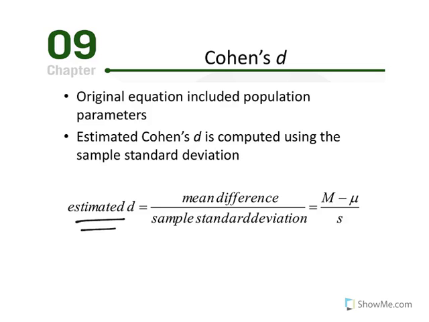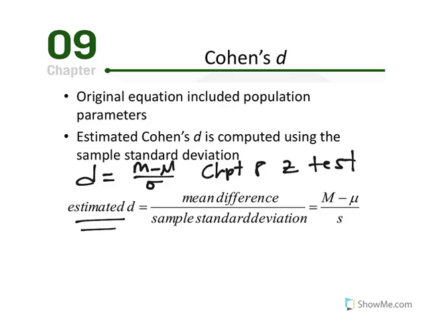When we were conducting a z-test and computing Cohen's d, we just referred to the value as Cohen's d. It was not estimated because we actually had the standard deviation of the population. So just to review from the last chapter, d was equal to M minus mu divided by the population standard deviation. That was chapter 8 for a z-test.